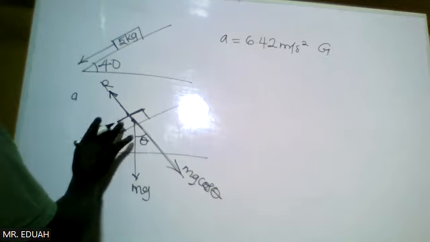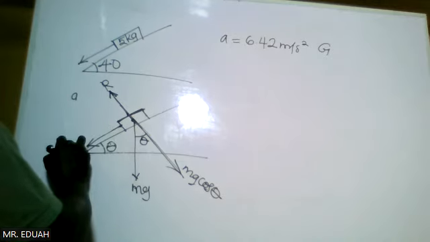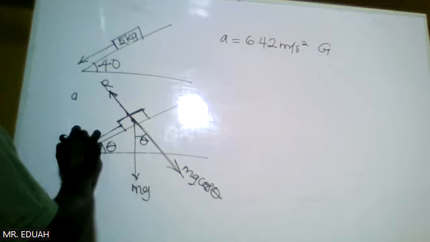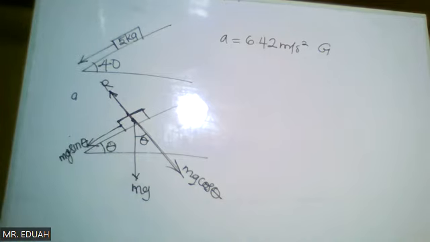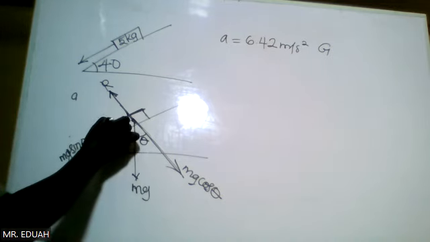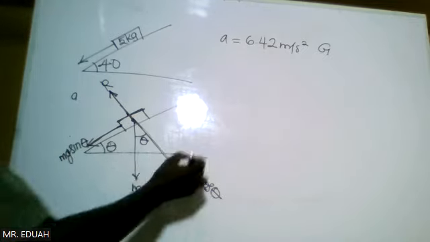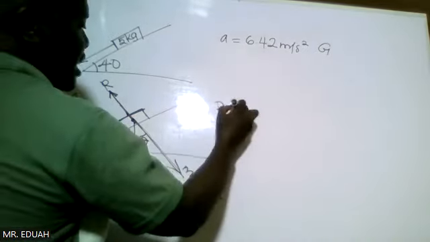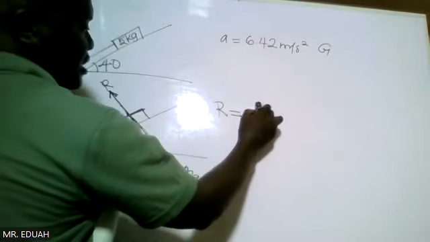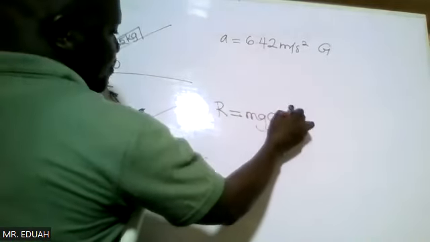And this is the reason why whenever you drop a body on an inclined plane, it is always accelerating down, because R is balanced by mg cos theta.